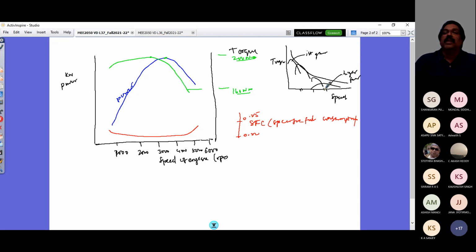If you map this, if you are fitting a curve here, you see this torque requirement is fulfilled as per the ideal requirement. That is how transmission can play a role in making your IC engine viable for vehicular application. So any doubt at this point?